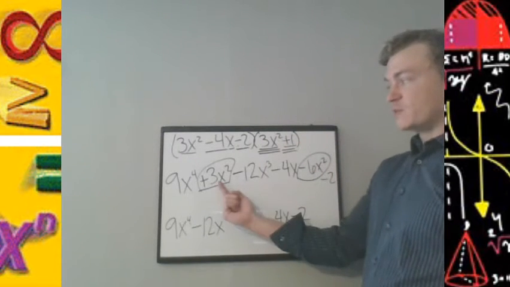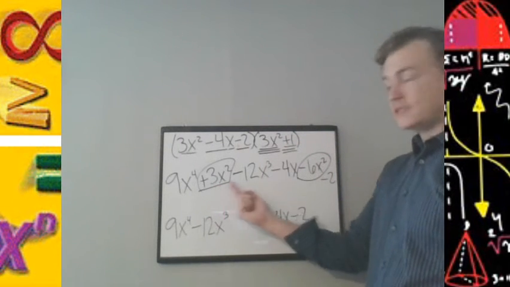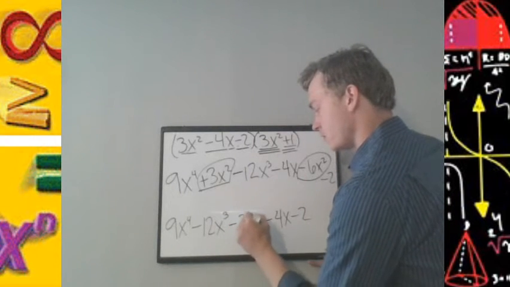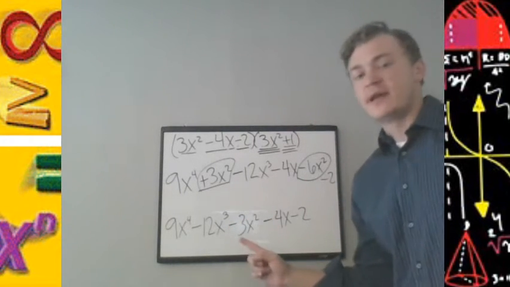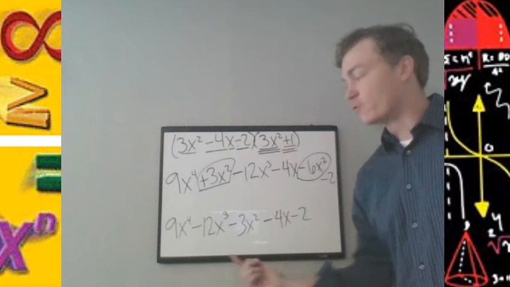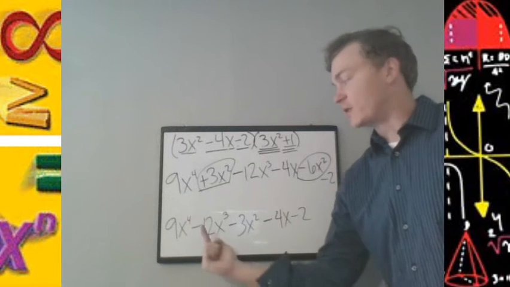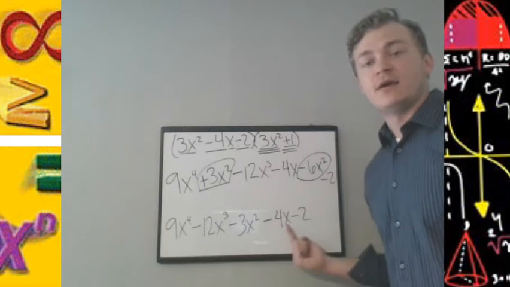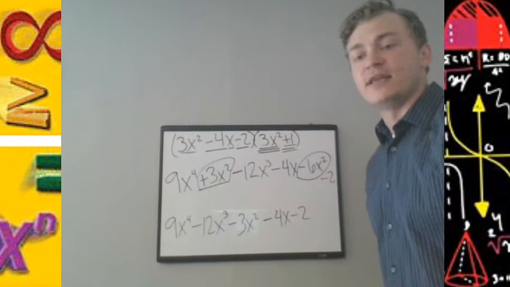And what did my x squareds become when I took this positive and I subtracted? Minus 3x squared. Okay, so my x squared is still minus 3. My x cubed is still minus 12. It's just now in the standard form, where my degree of the polynomial is 4, leading coefficient is 9, and the constant is negative 2.